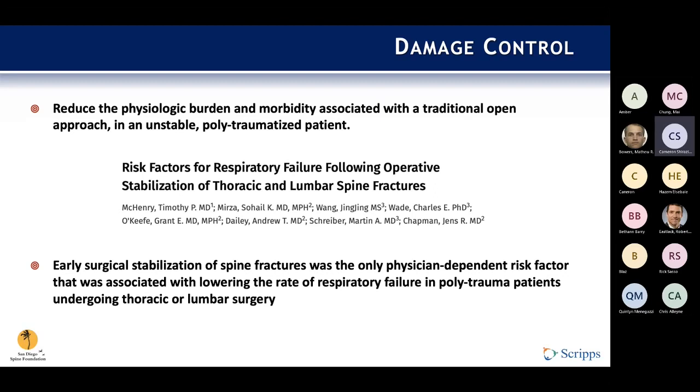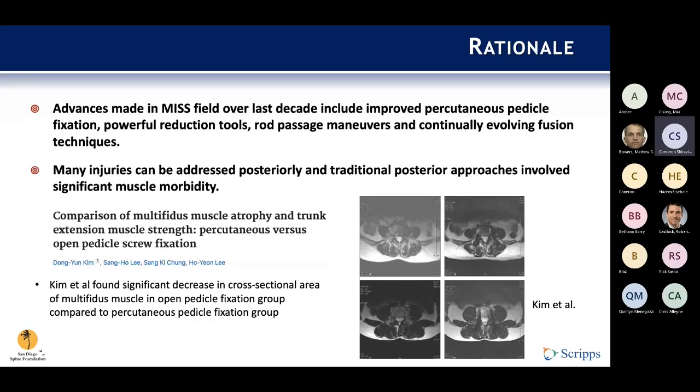So this is a paper from JBJS in 2006. It looked at over 1,000 people, Level 1 Trauma Center, and risk factors for respiratory failure in spine patients. And the only physician-dependent risk factor that was associated with lowering of respiratory failure in polytrauma patients was stabilization of spine fractures.